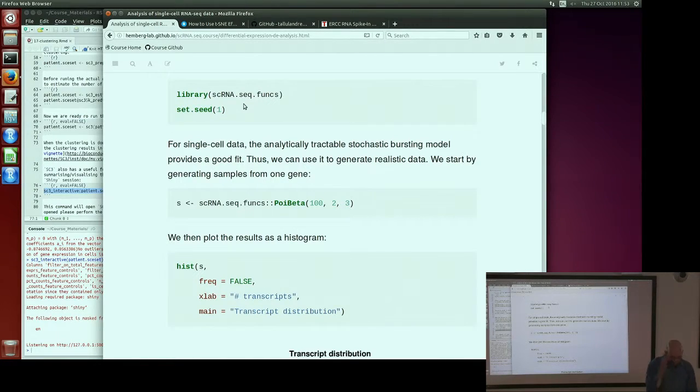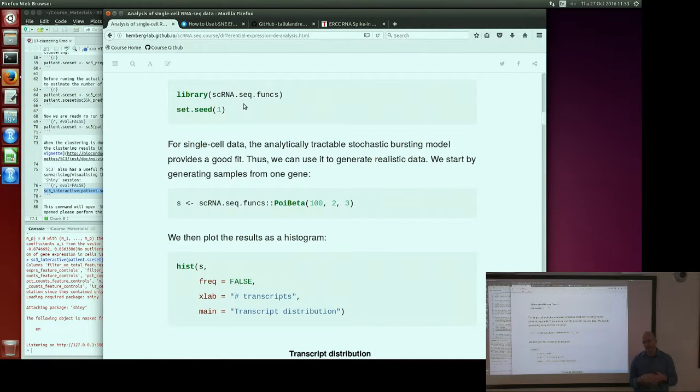We're going to use something called the Poisson beta model, which is conceptually related to the negative binomial distribution or Poisson gamma model that Davis mentioned yesterday. The idea is that you're assuming gene expression is generated by a Poisson distribution where the Poisson intensity parameter is drawn from a beta distribution.